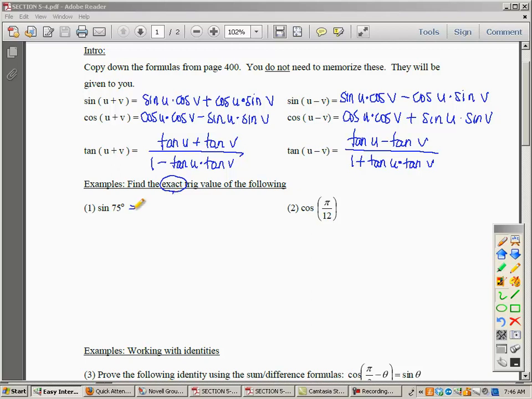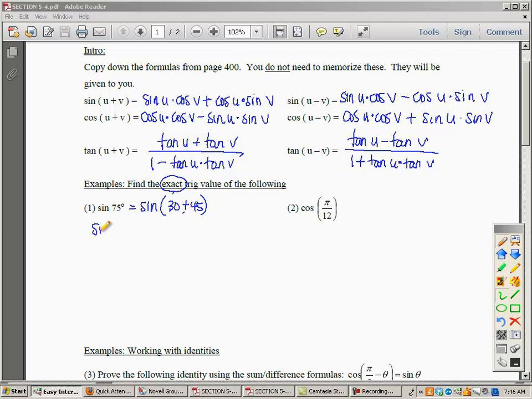Well, the easiest way is to add 30 plus 45, because then the 30 plus the 45 gets you the 75. And now you can see I'm taking the sine of a sum, and so I'm going to use the sine sum formula.